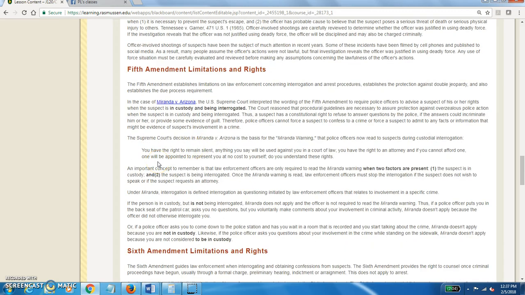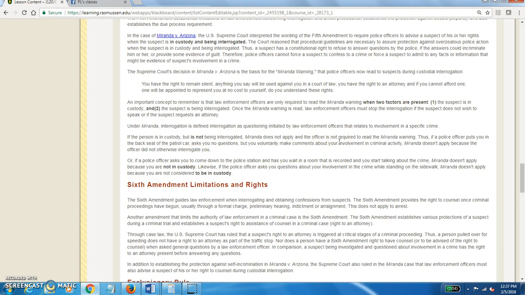5th Amendment issues relate to protection against self-incrimination. Those are the Miranda type of issues. An important point to remember regarding Miranda is officers are only required to read Miranda when 2 factors are present: custody and interrogation. So the issue of Miranda is not triggered just when officers happen to speak to somebody.